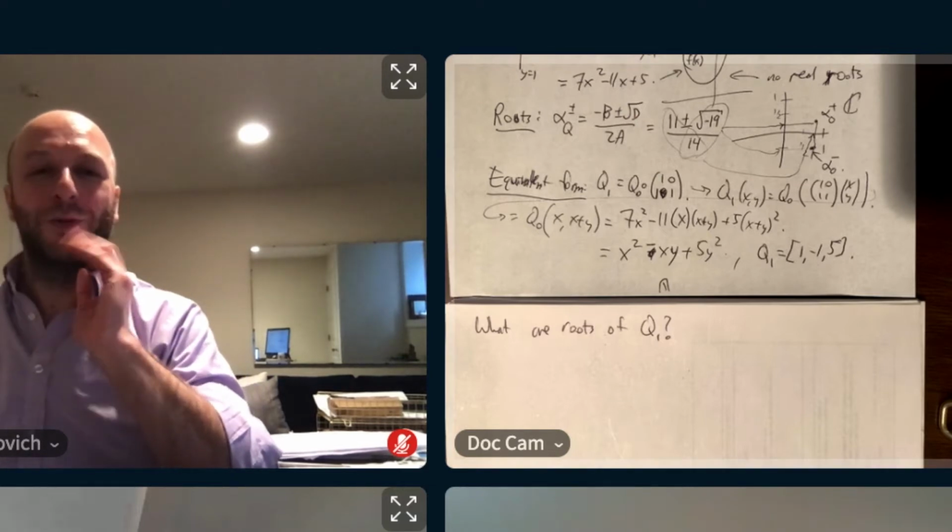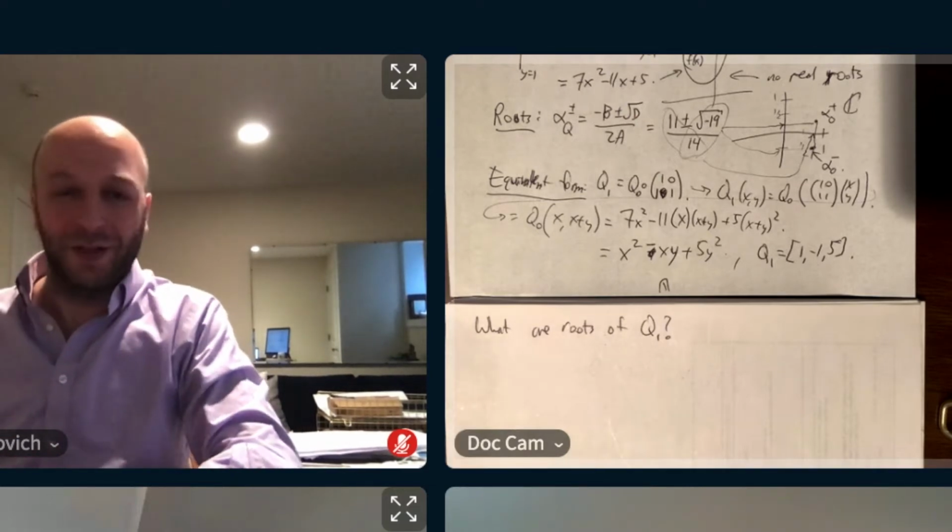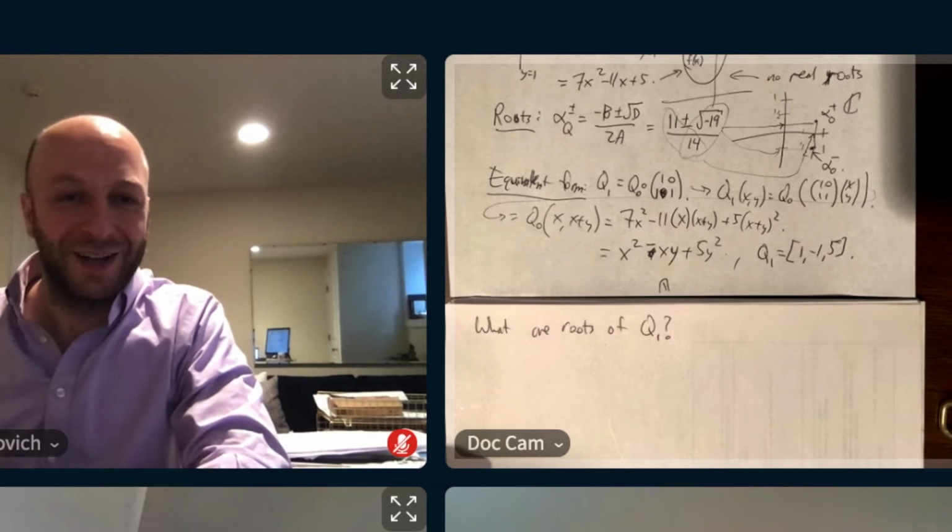Fantastic. All right, so everyone who's got it, why don't you tell me what the roots are, and hopefully you all are typing the same answer, and I don't have to do the calculation.